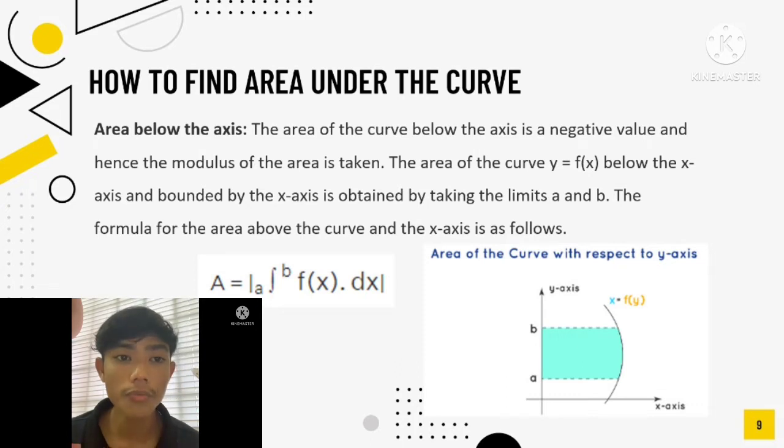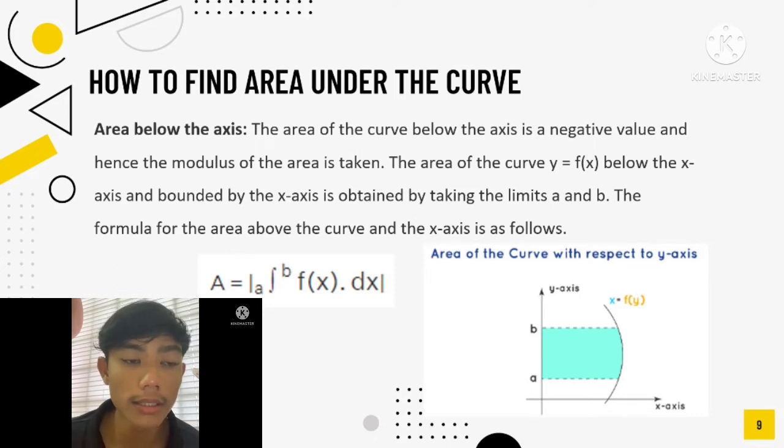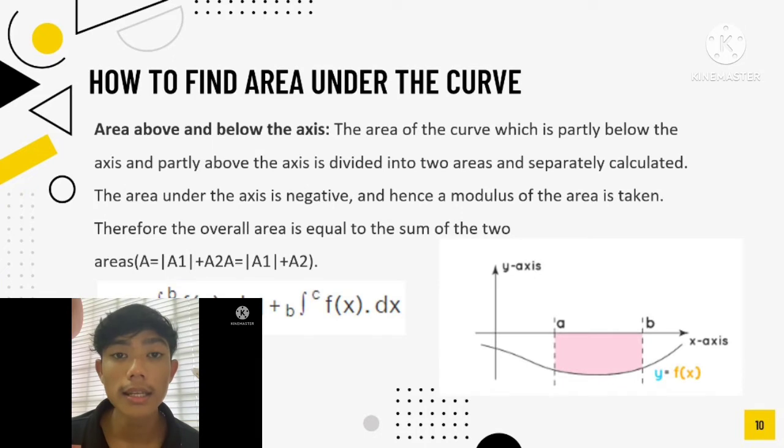The area of the curve y equals f(x) below the x-axis and bounded by the x-axis is obtained by taking the limits a and b. Then the formula for the area above the curve and the x-axis is as follows. And this formula.